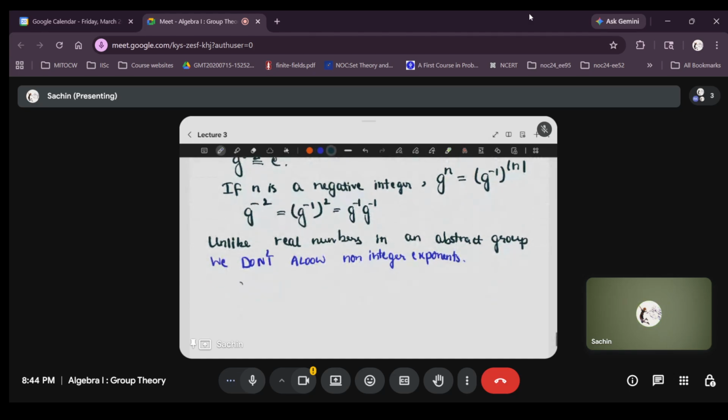So g power half, an expression of this sort, is meaningless. So that is the notation.